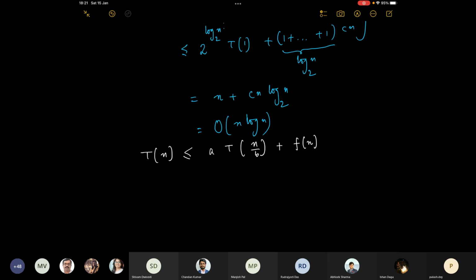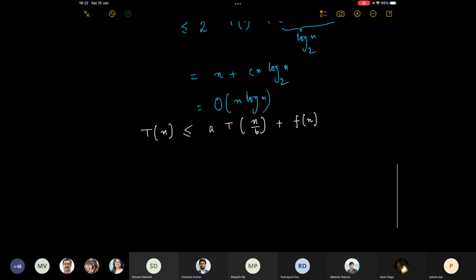We are generalizing the merge sort recurrence, where a is 2, b is 2, and f is cn. Everyone with me? I will do exactly the same analysis and check what we get.